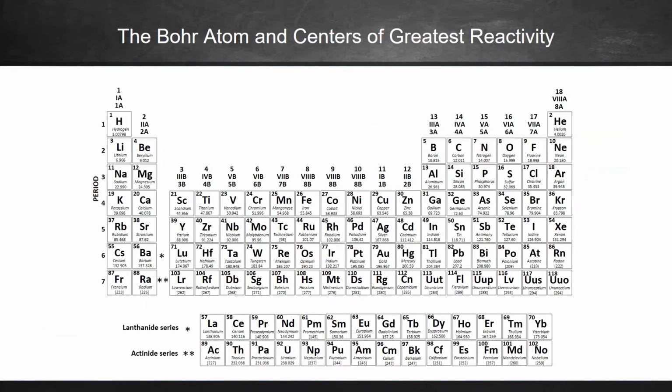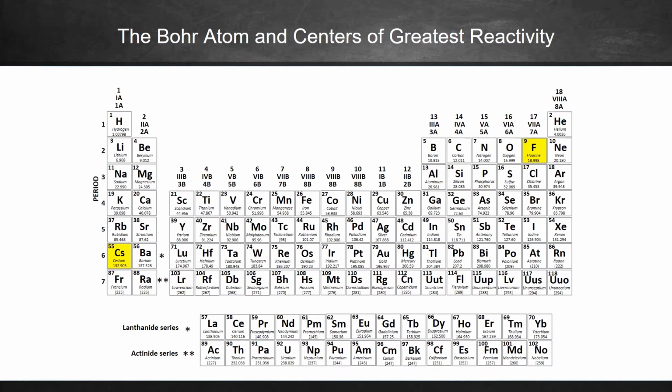When we look at the periodic table, we find the most reactive, naturally occurring elements located at the bottom left corner of the table, Cs, cesium, and the top right of the table at F, fluorine. Bohr's atom seems to give us insight into why these atoms form the most reactive centers. Cesium would have a single electron in its outer shell, just like the rest of the alkali metals. Thus, it's already eager to get rid of the electron in the reaction anyway.